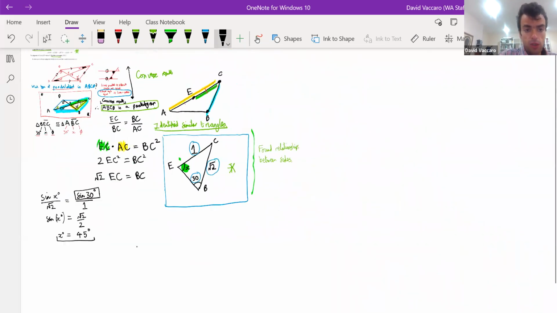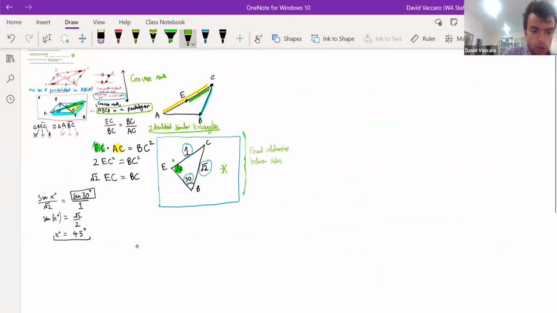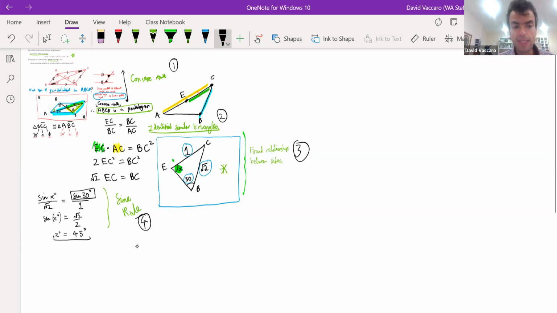Okay, so here we've got the sine rule. And this is a challenging geometry problem. It's a challenging geometry problem because it's got 1, 2, 3, 4 quite meaty steps to it.